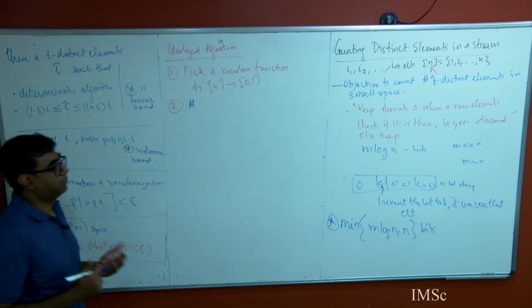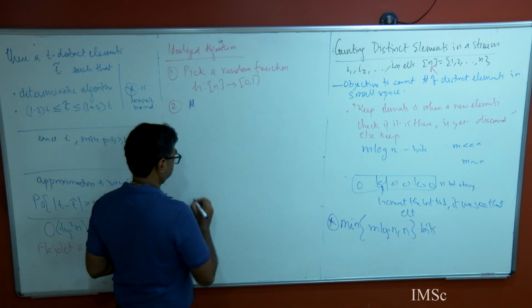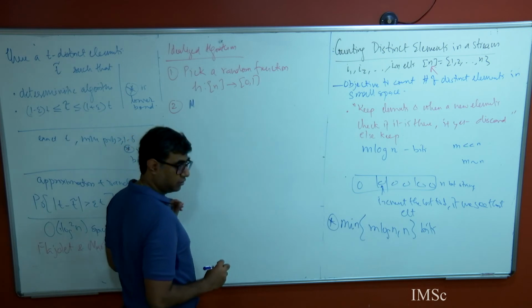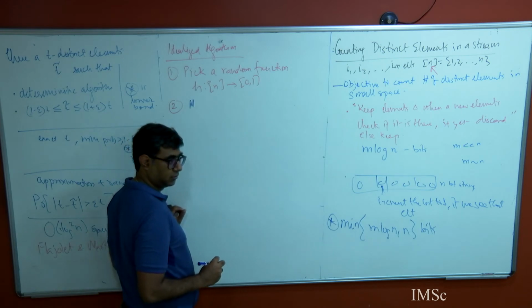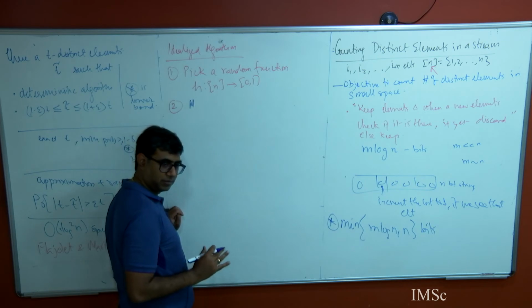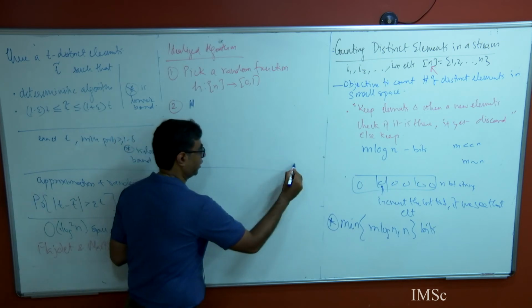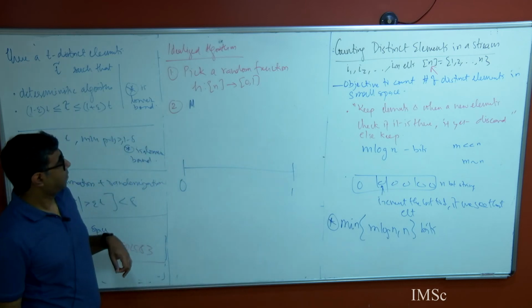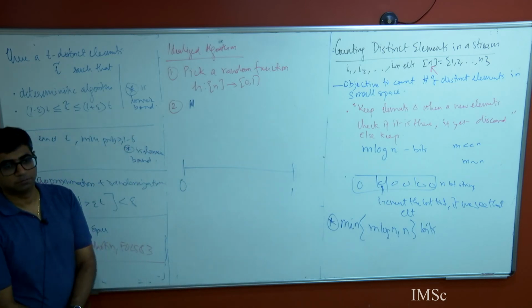Let me ask you, fraction of times the element appears by the total number? No, you should have some intuition. Suppose this is 0, 1 and n is 1.